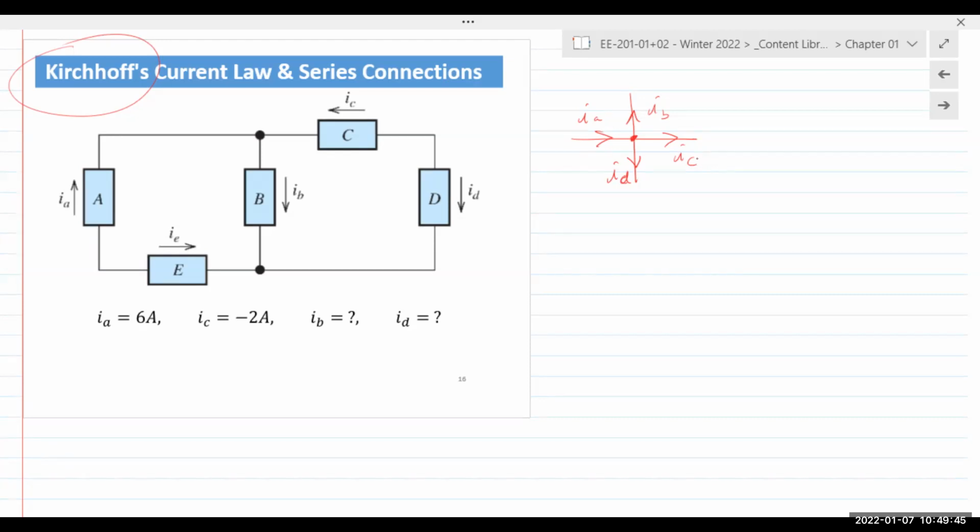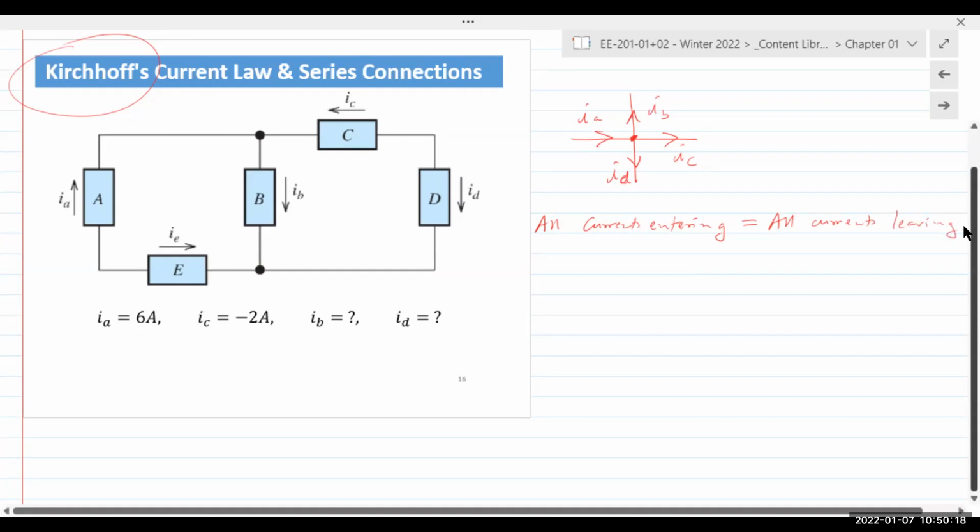So what I do is I simply have my equation and I sum up all currents entering the junction on the left side, and all currents leaving the junction are on the right side.